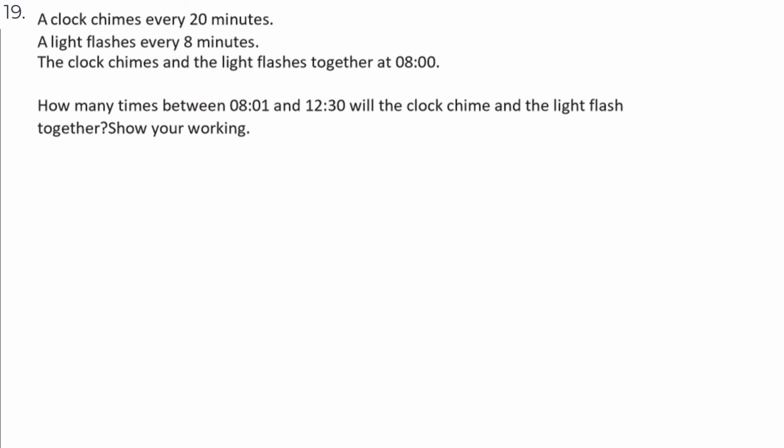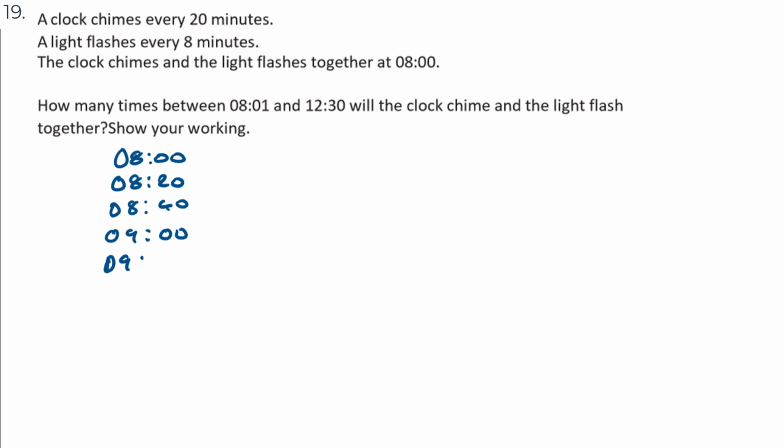Let's take the clock first. So it chimes at 8, and then 20 minutes after that. So how many times is that going to chime between 8 and 12:30? I think I'm just going to list them out until I get a feel for it, because I don't think it's going to be that many. So that's 3 times an hour, isn't it?